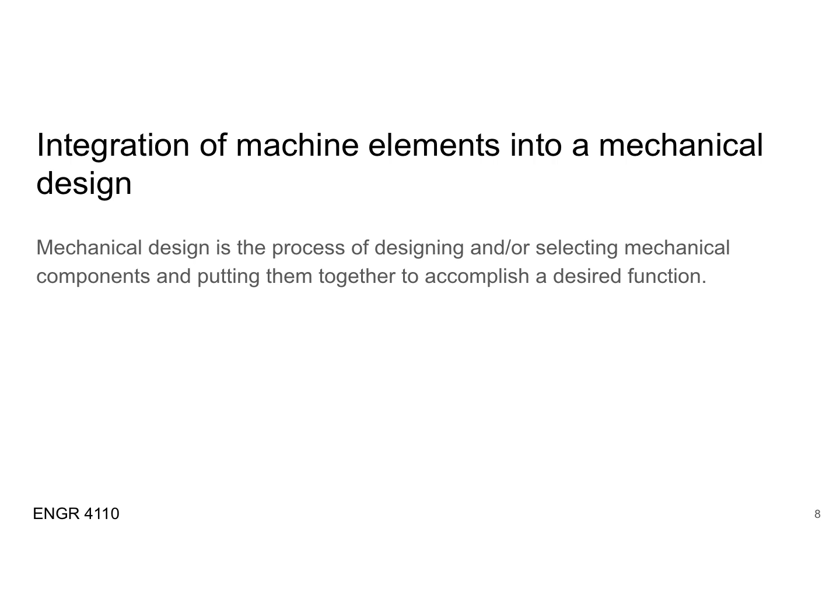Machine design, for me, is a kind of a misnomer, because actually we're not designing a machine. Here in machine design, what we are doing is designing machine elements which are integrated. So it's the integration of machine elements into a mechanical design. Mechanical design is the process of designing and or selecting mechanical components.